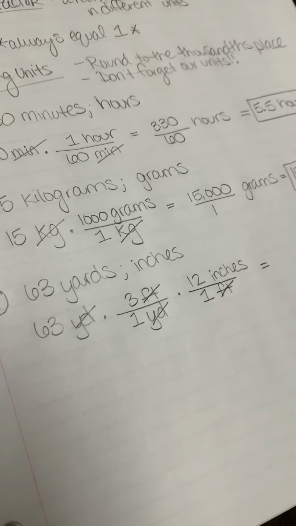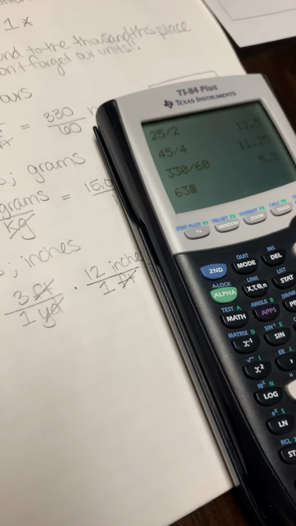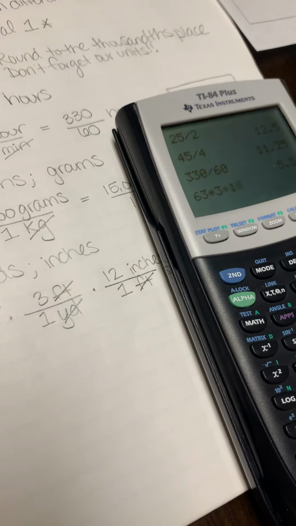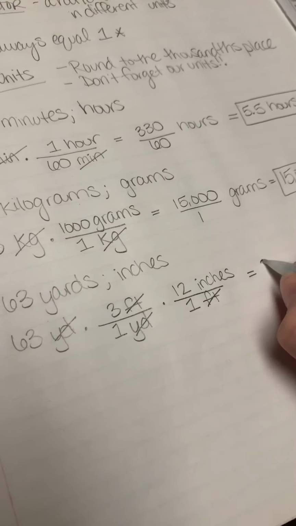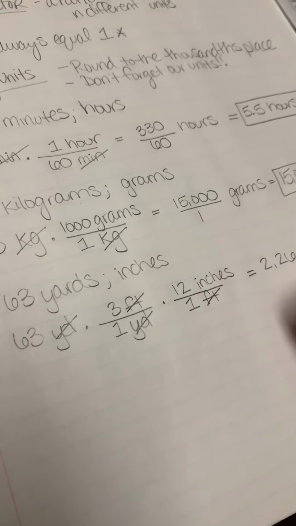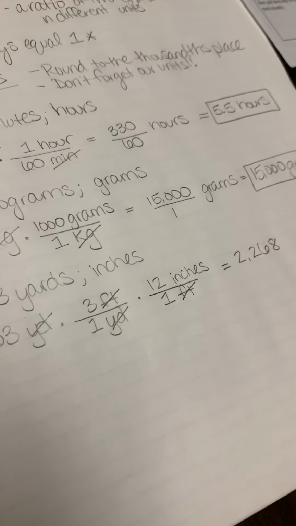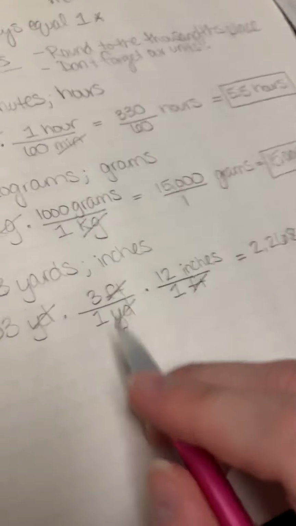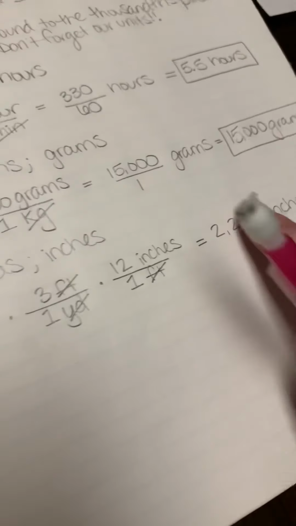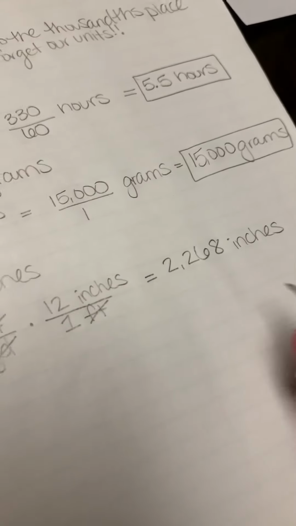And so now I'm left with just inches, and I can multiply across. So 63 times 3 times 12 is 2,268 inches. Now in the denominator, 1 times 1 is 1, and divided by 1 is going to leave me here.